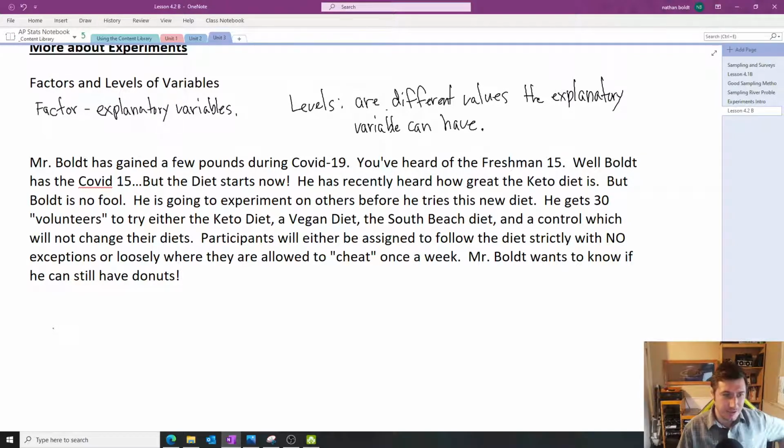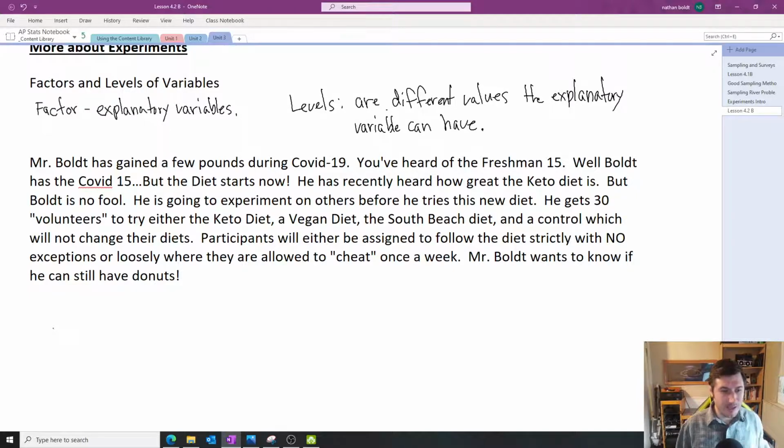He gets 30 volunteers to try either the keto diet, a vegan diet, the South Beach diet, or a control which will not change their diet at all. And participants will either be assigned to follow the diet strictly with no exceptions, or loosely where they are allowed to cheat once a week. Mr. Bolt wants to know if he can still have his donuts.